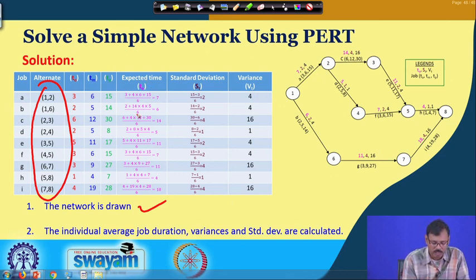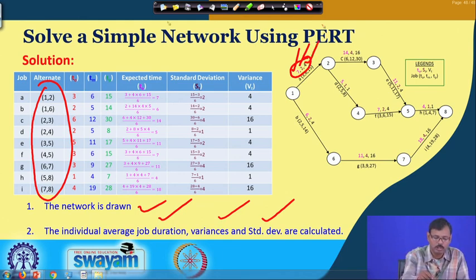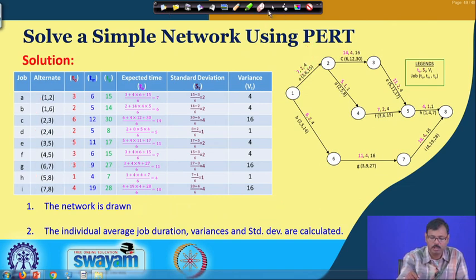And second is the individual average job duration, that means expected time or mean time, variances and standard deviations, which are calculated and presented here for each job, where this is the expected time, this is the standard deviation and this is the variance attributed to each job. So, the first two objectives given to us we have completed.